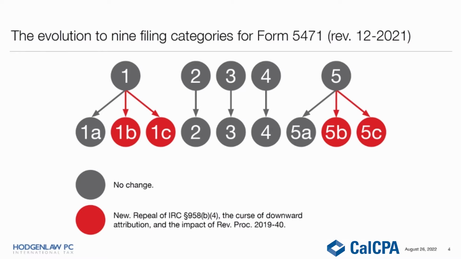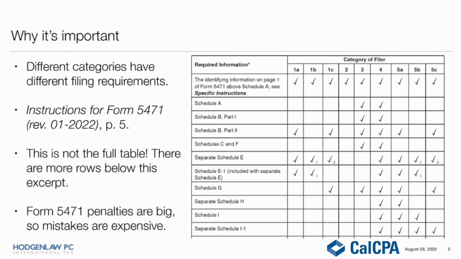And B and C exist purely because Congress, in a fit of wisdom, decided to repeal Section 958(b)(4), which is downward attribution stuff, and the collateral damage from that, which was then partly fixed in Rev. Proc. 2019-40. So that's why all of this happened. And we'll sort of march through it as we go along.